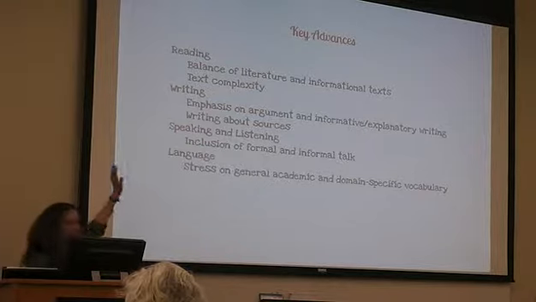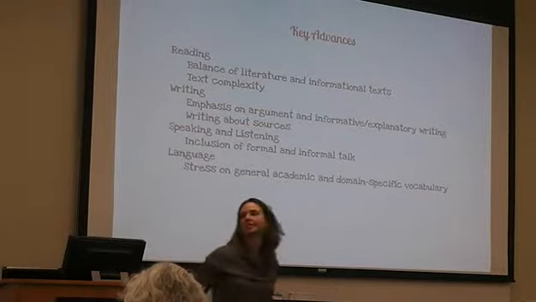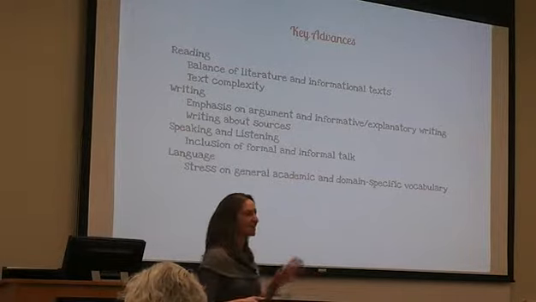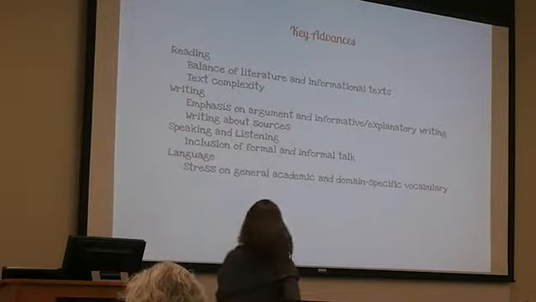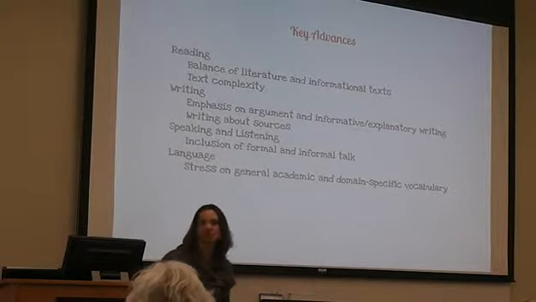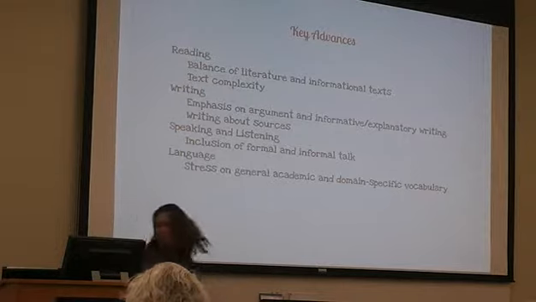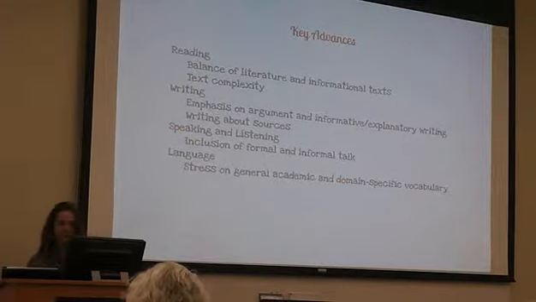These are just some key advances in every area as far as what we really feel has been improved over what we've seen. And it's not like a state-by-state improvement. This doesn't say that Wyoming was deficient in one of these areas. This is just that overall, this is what's being improved and what they're really focused on. For reading, writing, speaking, and language, we'll look at this a little more in depth in a moment.